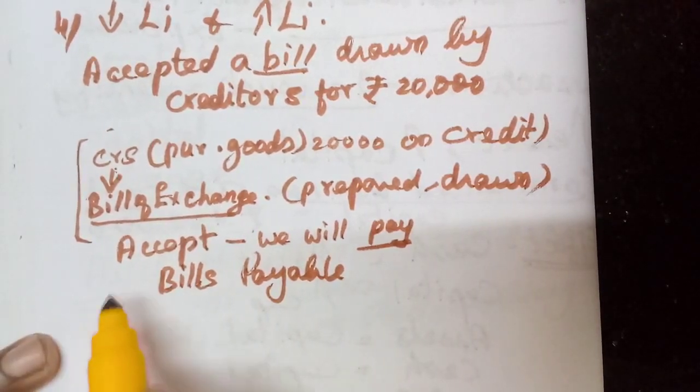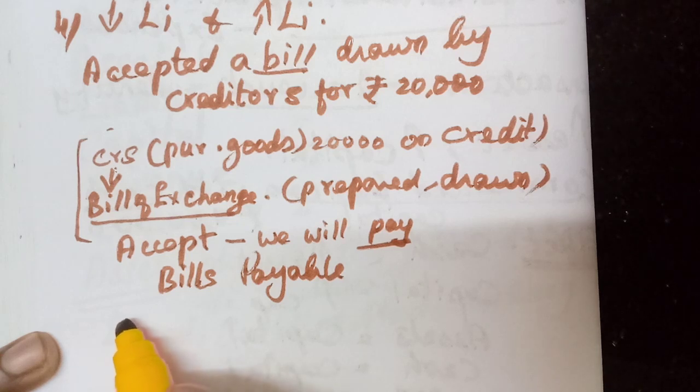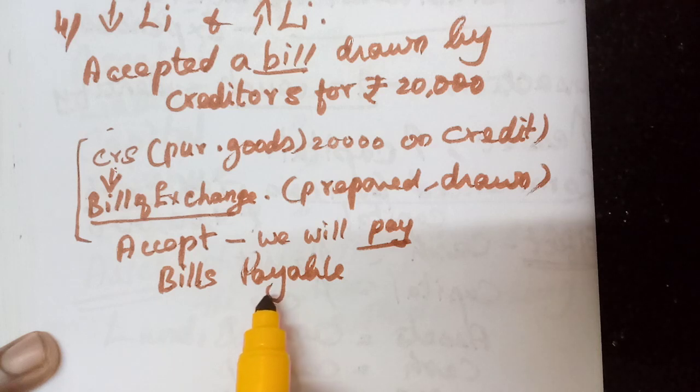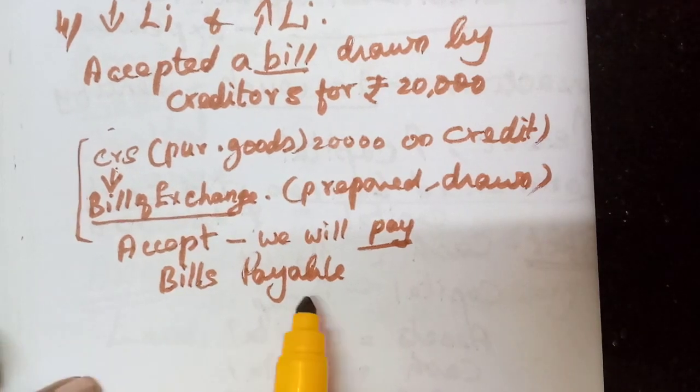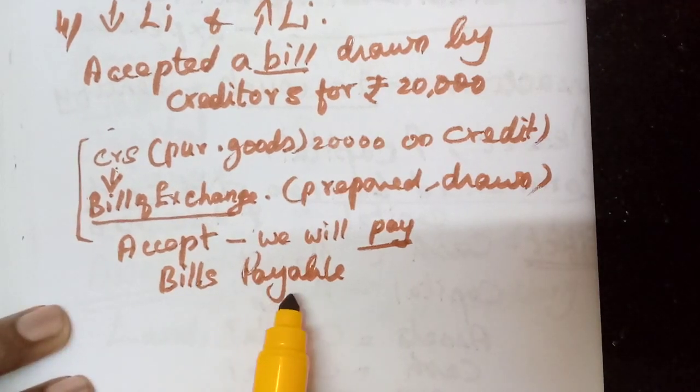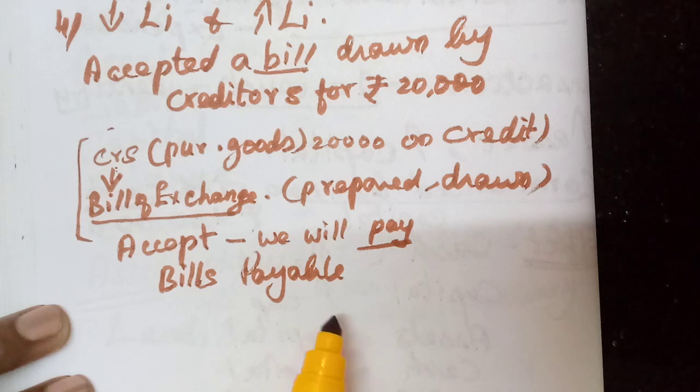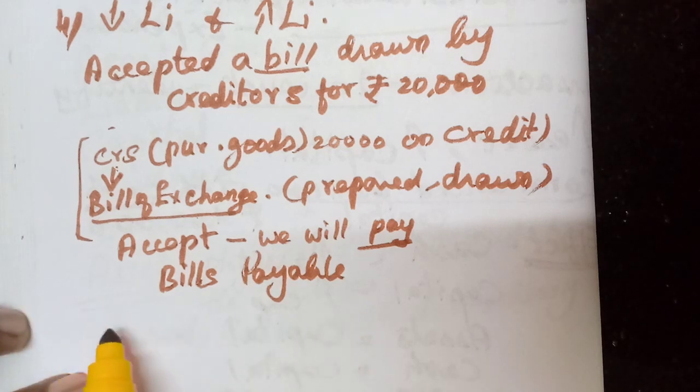So now here this bills payable is increasing. This is also liability. Both. Okay, we are not paying, but actually we are accepting. But so this bills payable will be, we need to pay. That creditors will reduce. Okay. So bills payable, one account.